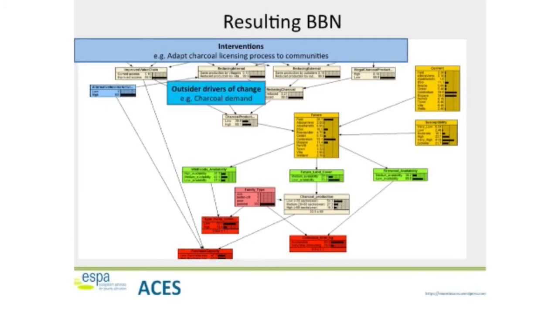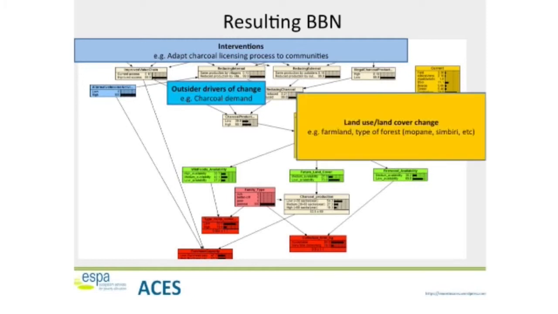Then we have also some outsider drivers of change that we cannot control, or the government cannot control. For example, charcoal demand from urban areas that depends on the population growth and other more complex issues. We have a set of variables dealing with land use change, land cover. So the interventions and the outsider drivers of change will change the land cover in the future.